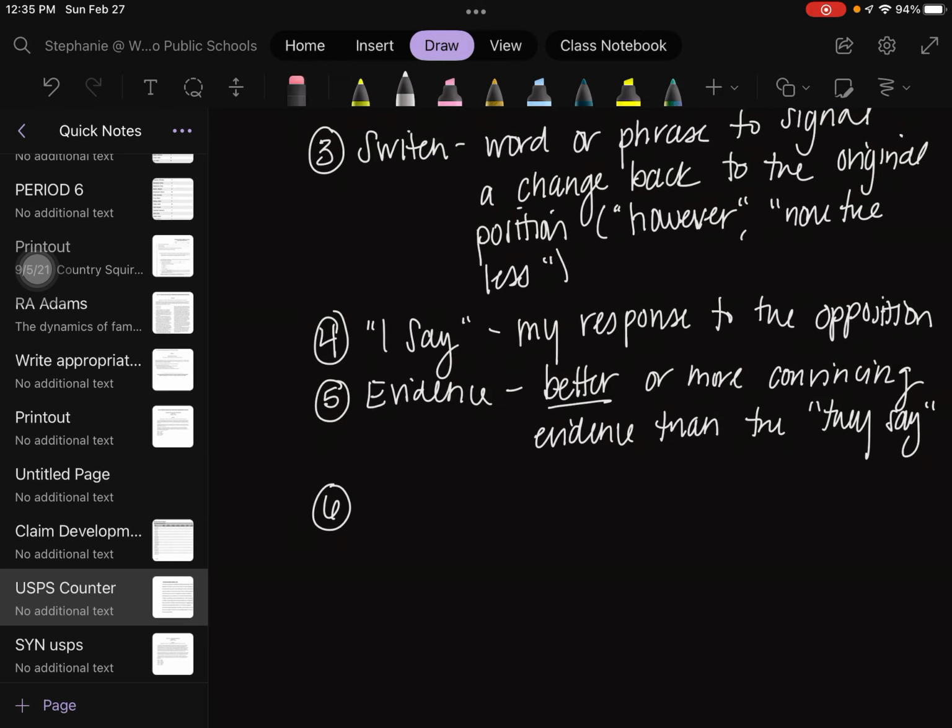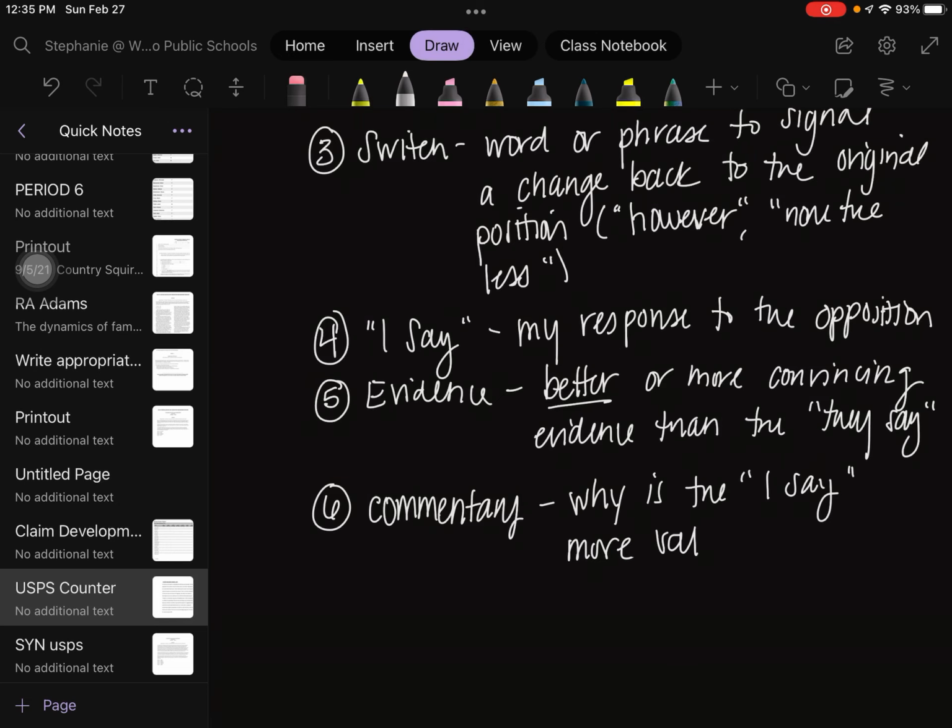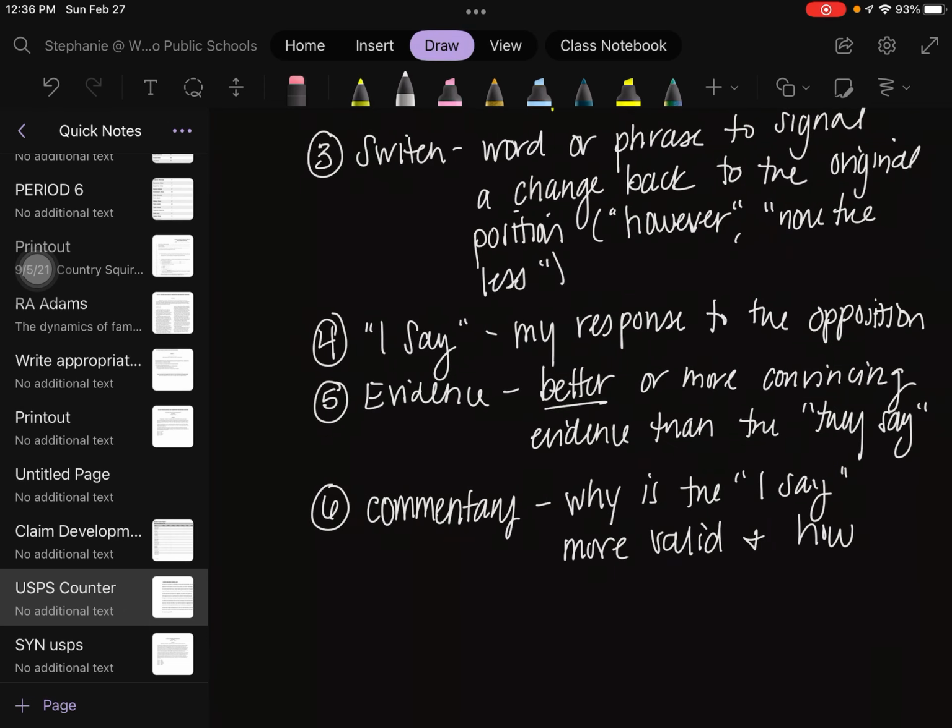And then I'm going to finish my paragraph with my commentary, just like normal. And essentially my commentary is explaining why the I say, or in other words, your position, is more valid. And how does it link to the thesis?